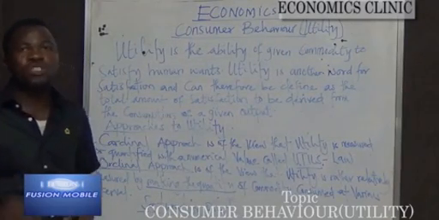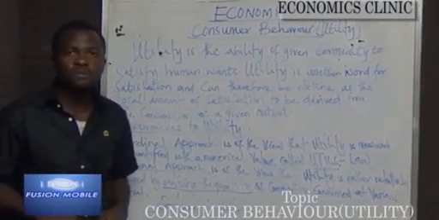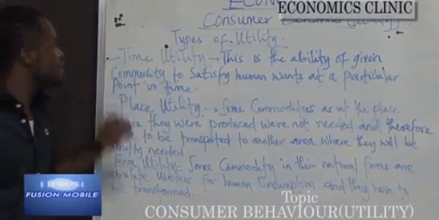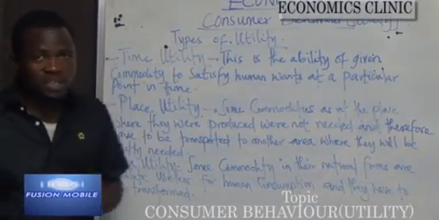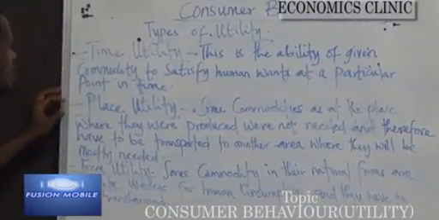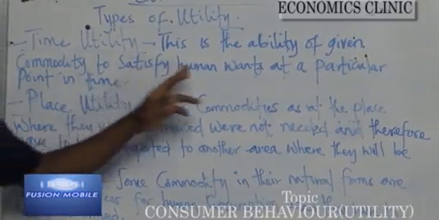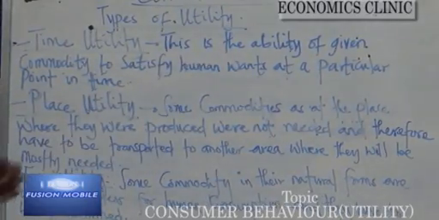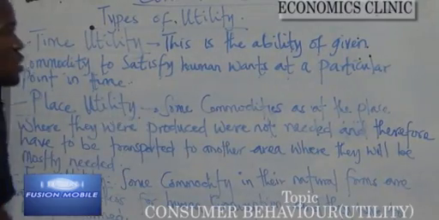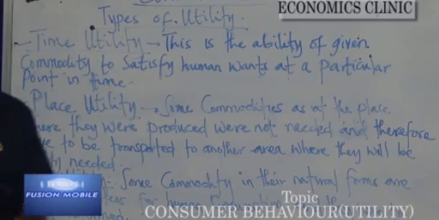Now from here we'll go to types of utility. There are three types of utility, which are time utility, place utility, and form utility. Time utility is the ability of a given commodity to satisfy human wants at a particular point in time.